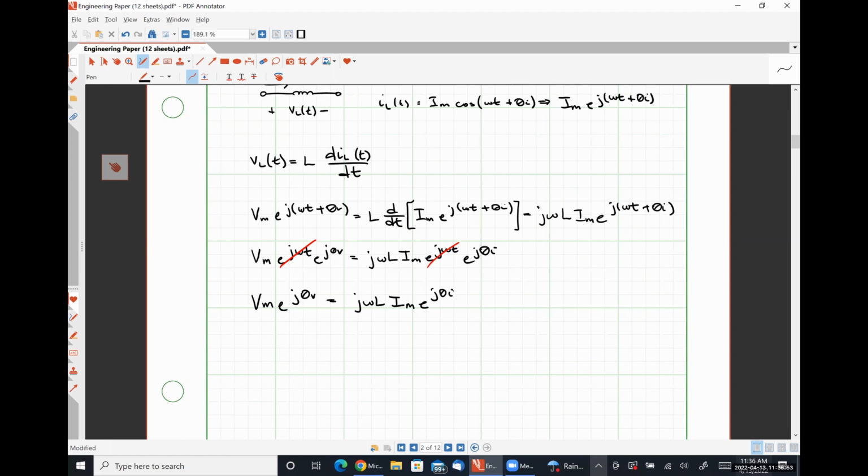Okay. So what I'm going to do just briefly here is draw a picture of a complex plane.